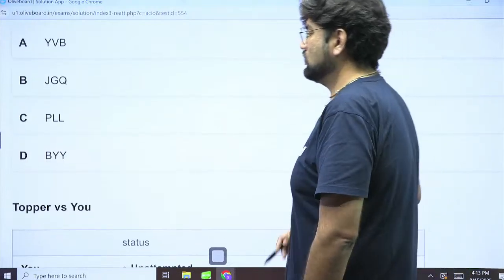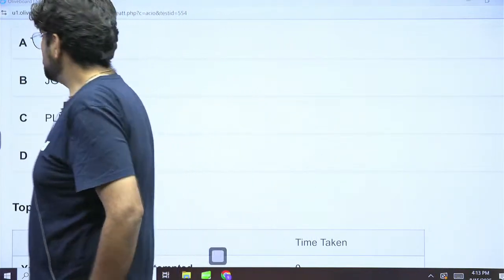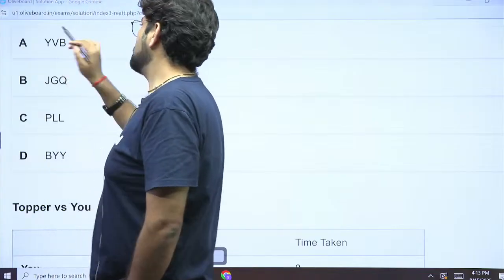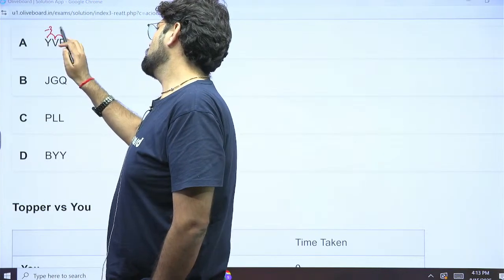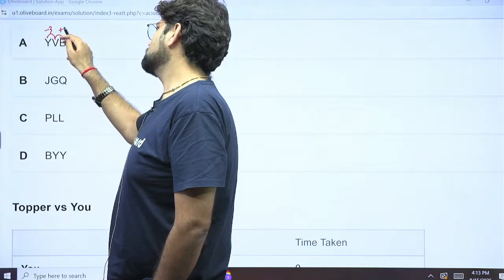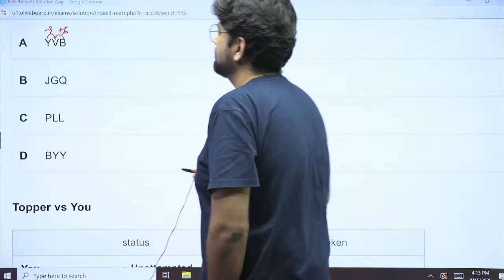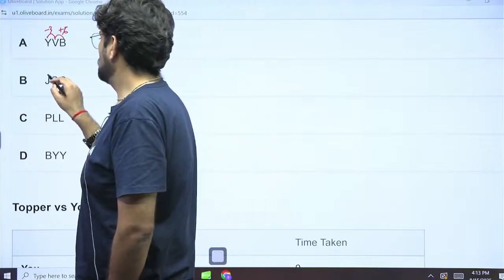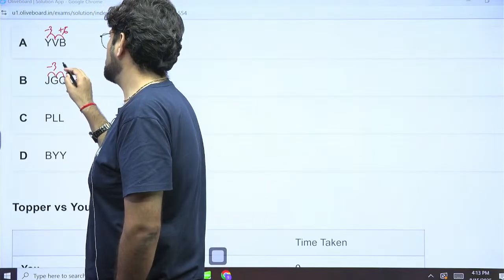Next one, odd one out. Just quickly check the differences and we'll get the answers. So 25, 22 is minus 3, 22, 28 is plus 6. Okay, let's look at this one. So this is 10, 7 is minus 3 and 7, 17 is plus 10.